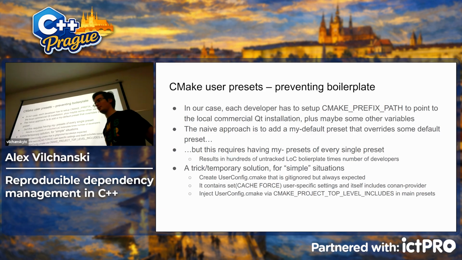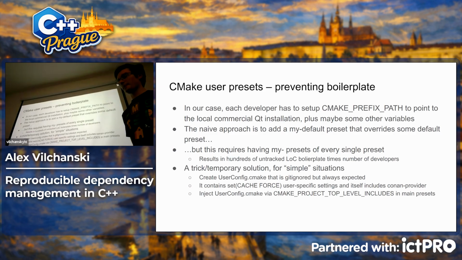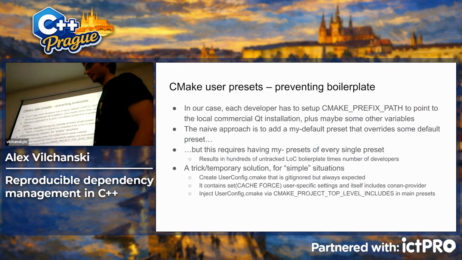Our project is small still, so presets is a justifiable solution. But even with that, and even with one compiler toolchain, we already have more than 1,000 lines of default CMake presets, and you would have to have like 500 lines of user presets on top of that.